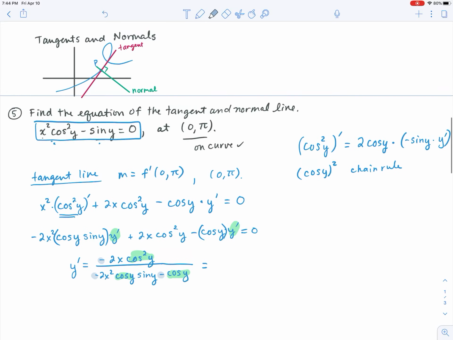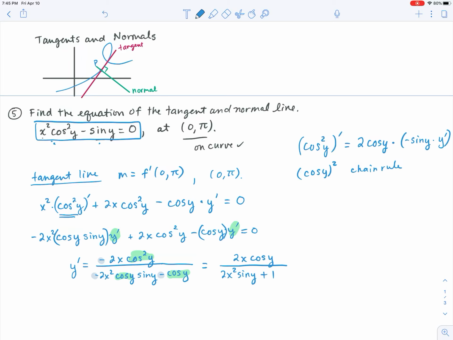So we've got 2x cosine y over 2x squared sine y minus 1. Okay, that should be a plus 1.